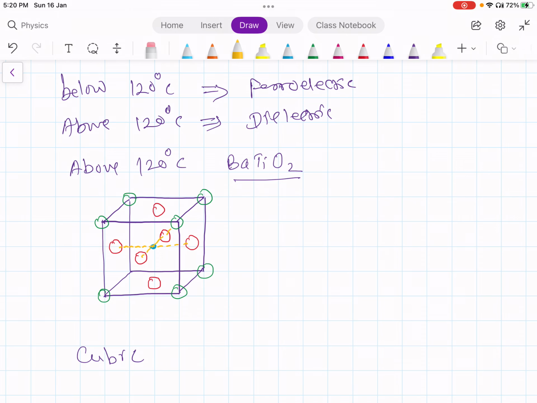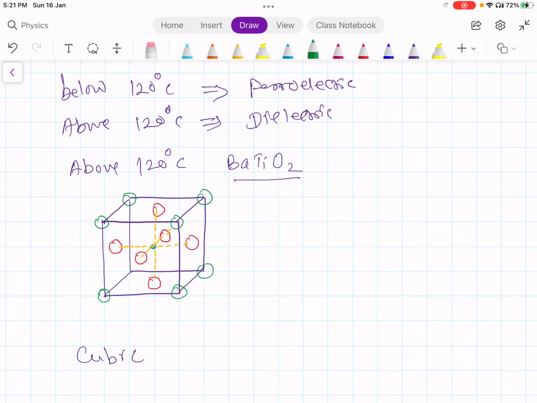And when it is cubic, what happens? Center of positive ions coincide with center of negative ions and no net charge is present.